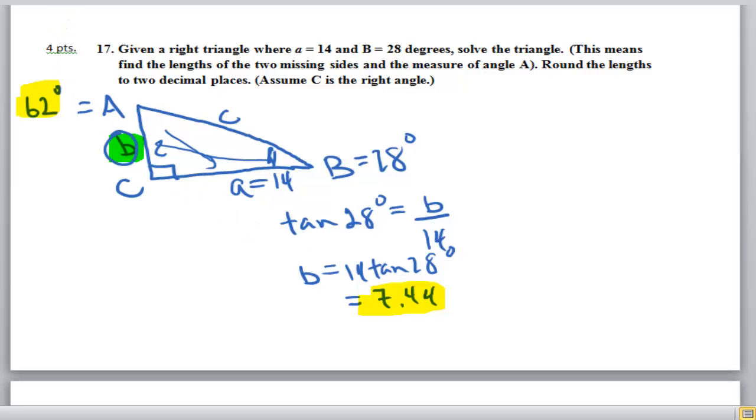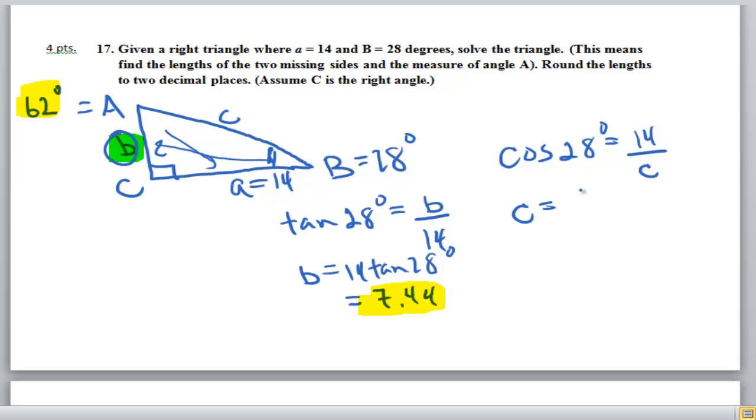And then to find the hypotenuse, which is C, again, if I'm using 28 degrees, I know the adjacent is 14, and I'm trying to find the hypotenuse. So adjacent, hypotenuse, I would use cosine, right? Remember SOHCAHTOA? So the CAH of SOHCAHTOA, that's adjacent over hypotenuse. So the cosine of 28 degrees is going to be the adjacent, which I know is 14, over the hypotenuse, which I'm trying to find, which is C. And now here, if I cross multiply, then I have to divide by the cosine of 28.